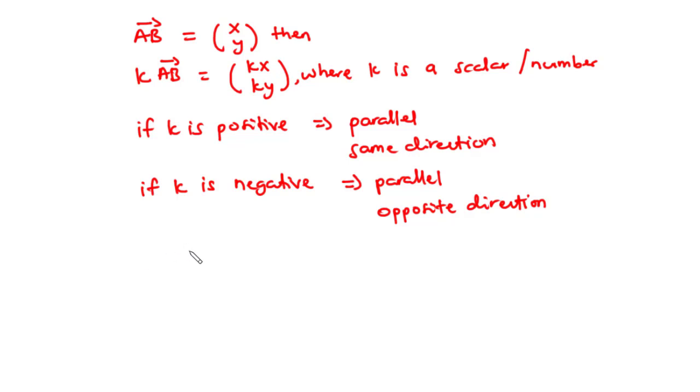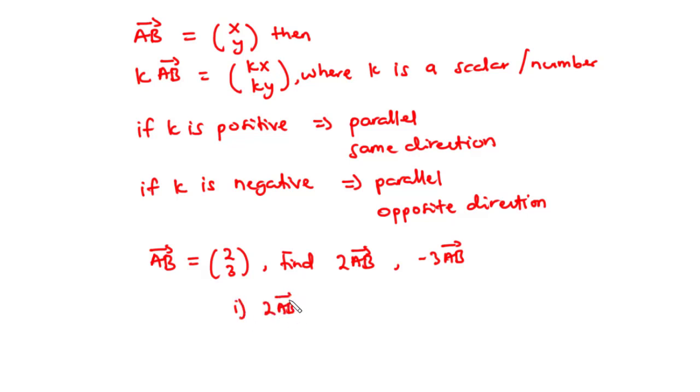Now let's consider this example. Given that we have a vector AB, which is (2, 3). Now let's find vector 2AB and then vector negative 3AB. So for 2AB, we are going to multiply each of the components of vector AB by 2.